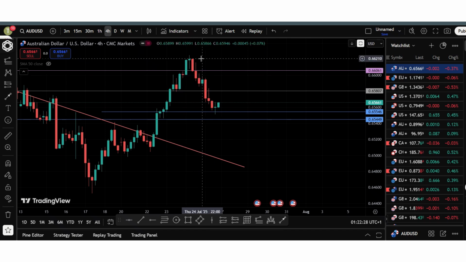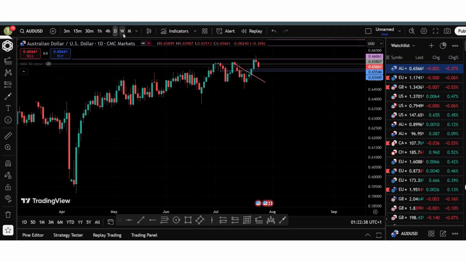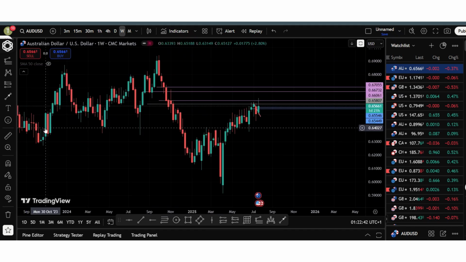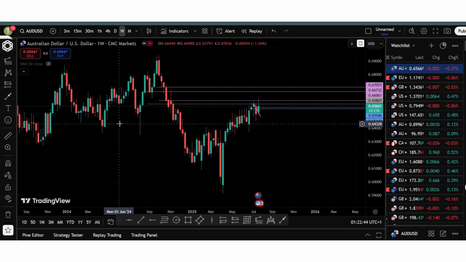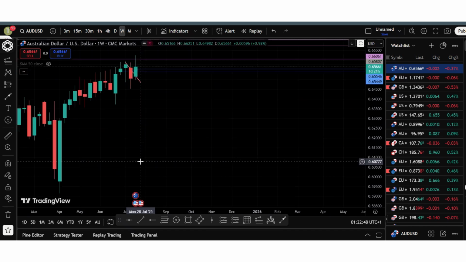But this is the first level target, 0.662. And the second level target for this trade is 0.66732. So it's going to be a very tough one for AUD.